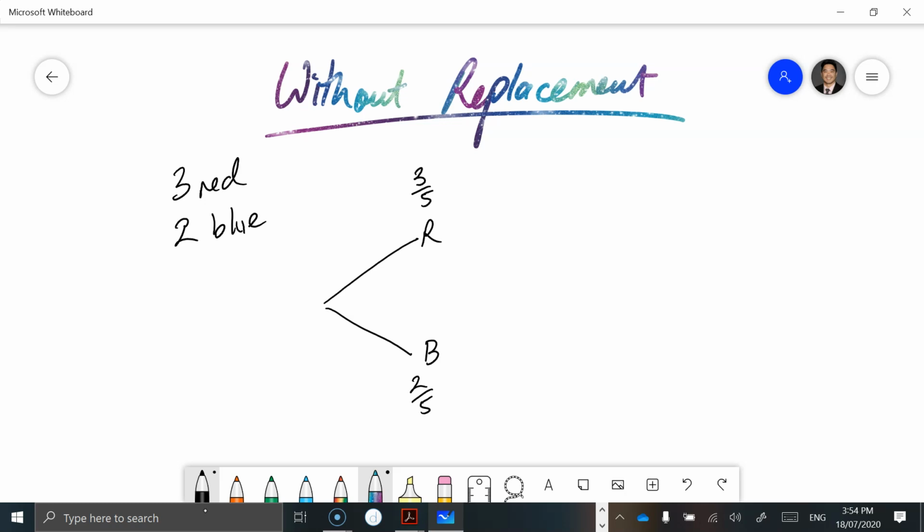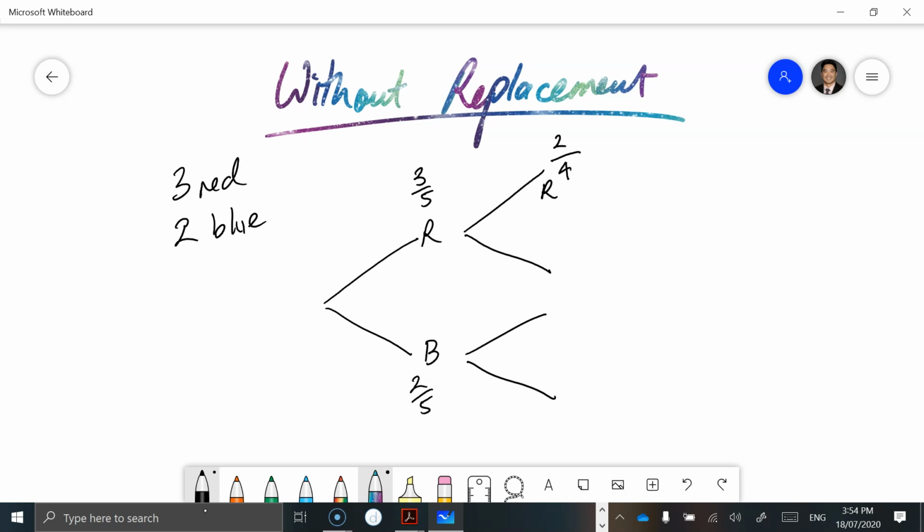We have a 40% chance of getting a blue, but because we have taken the counter out and we have not replaced it, then we no longer have 5 counters in the bag. We have 4. So out of the 4, because we've taken out a red, that leaves 2 out of the 4 to get a red.